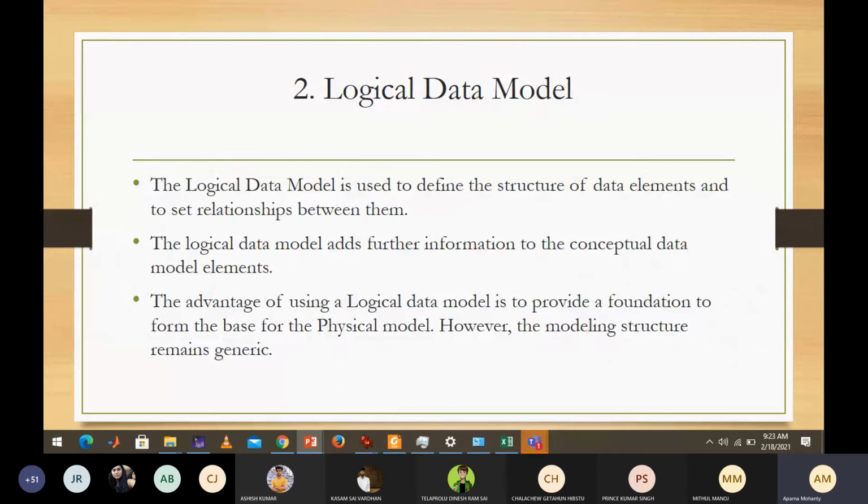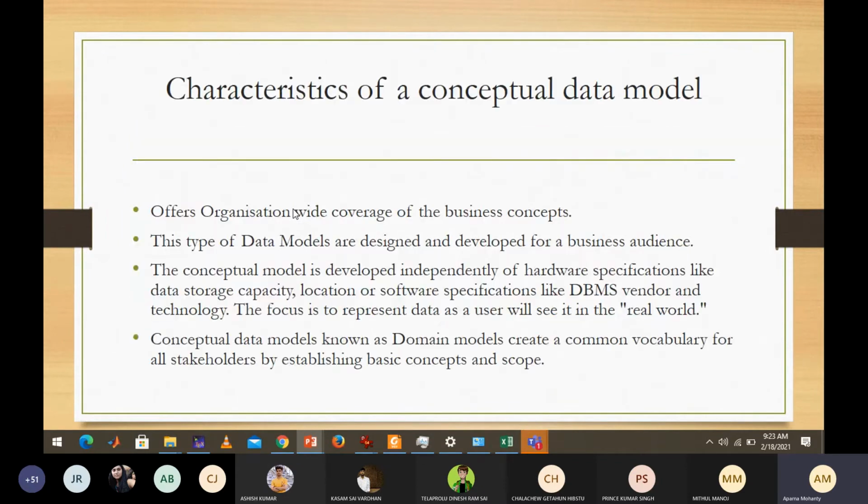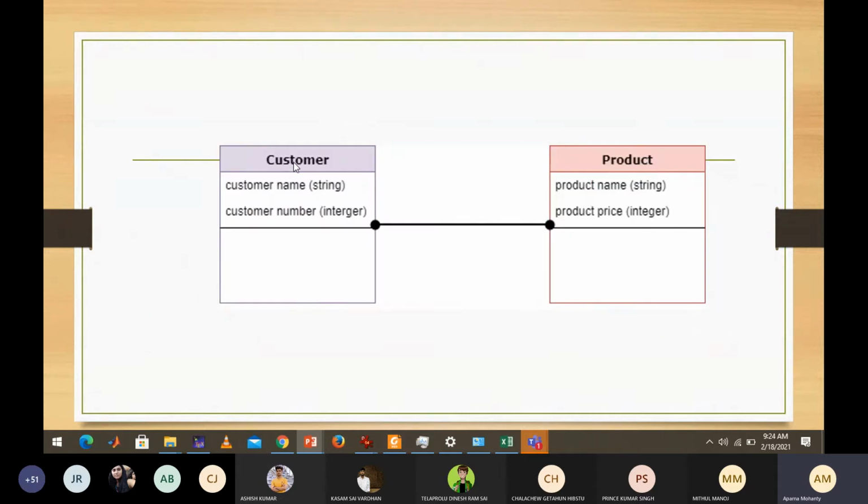Let's look at this. Here the entities are customer and product, and the attributes are its names. This is a conceptual model. But in a logical model, here is a customer, here is a product. The attributes are exactly the same, but you impose a constraint on the attributes. What constraint are you imposing? You are imposing that this has to be a string.